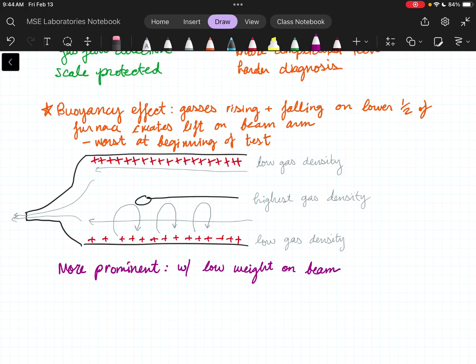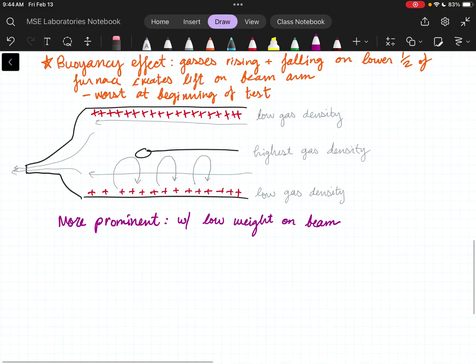So in this situation, if I have an empty beam, then the buoyancy effect is going to be a real problem. If I have a beam loaded full of sample and crucibles, that's going to be several 100 milligrams worth of mass, which doesn't sound like a lot, but compared to the lift that's happening here, is significant. We're going to have less of a problem.